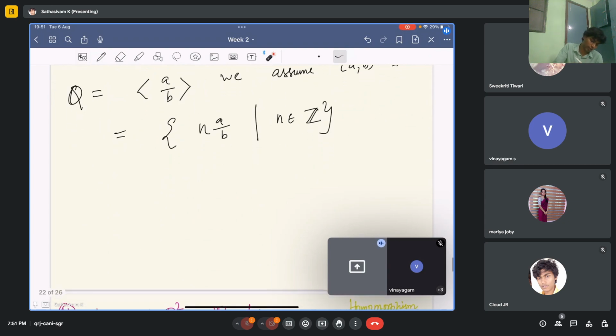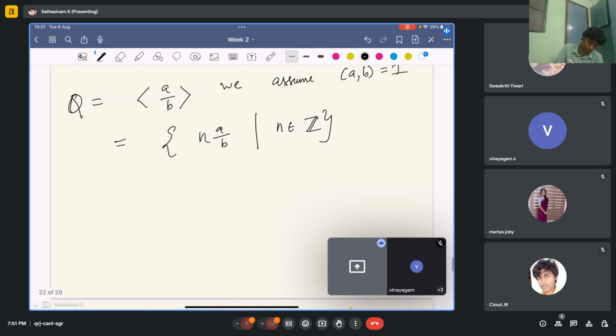Now let's see what happens. B belongs to the integers, so I can use the fundamental theorem of arithmetic to write B as plus or minus P1 power alpha 1, P2 power alpha 2, etc., Pn power alpha n.